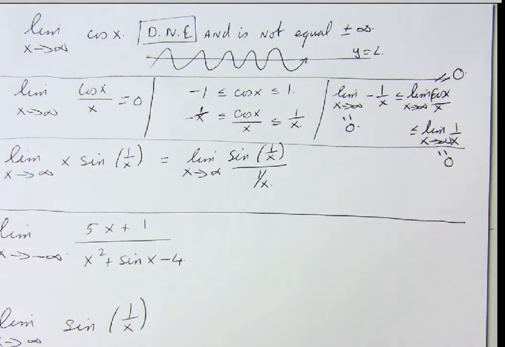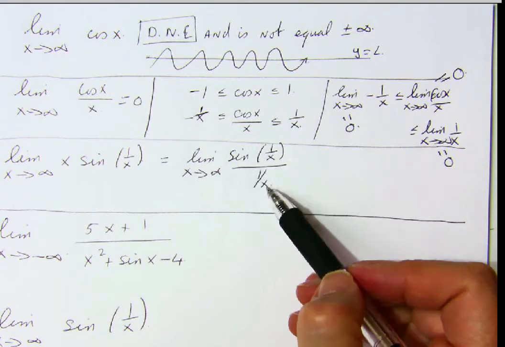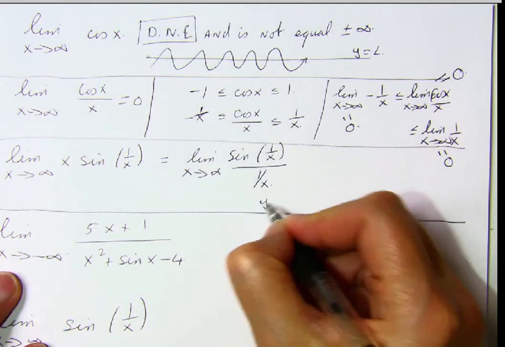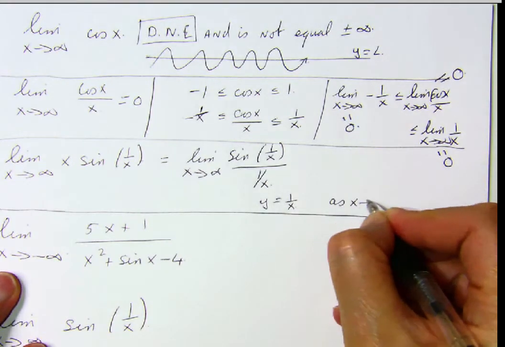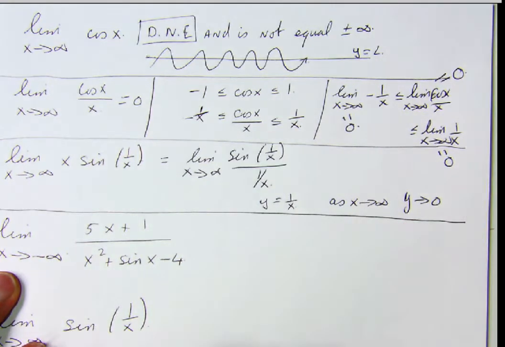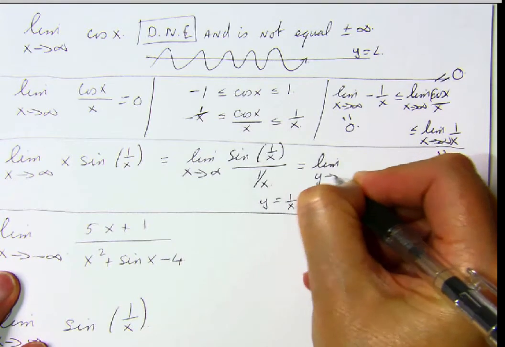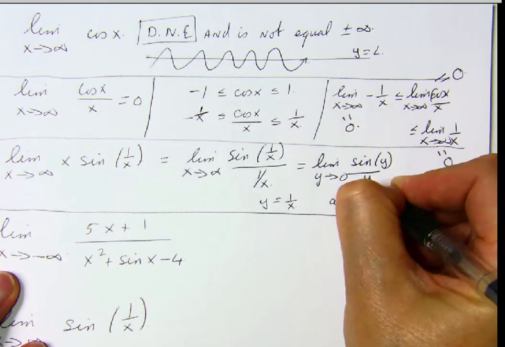So if we rewrite this as the limit as x goes to infinity of sine of 1 over x over 1 over x, then if I say let y equal 1 over x, as x approaches infinity, y approaches 0. So this is equal to the limit as y goes to 0 of sine of y over y.